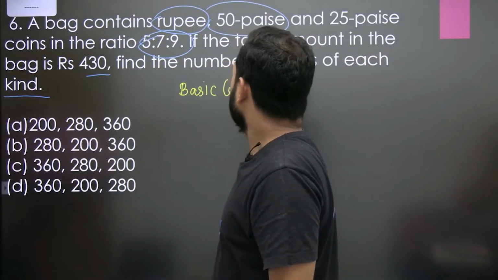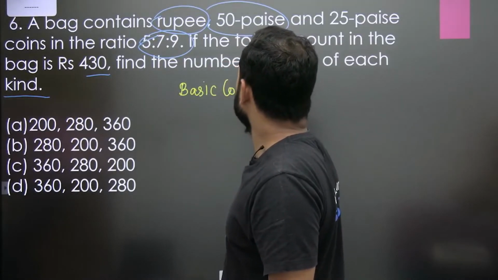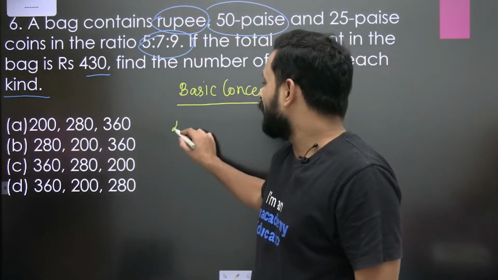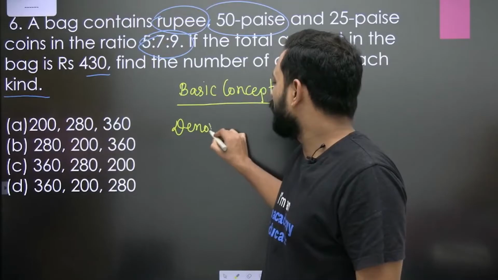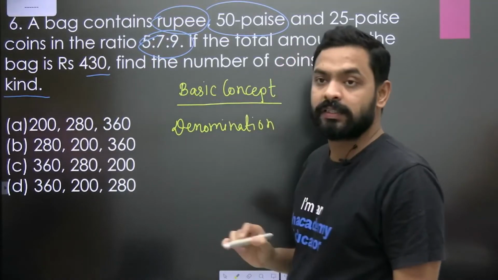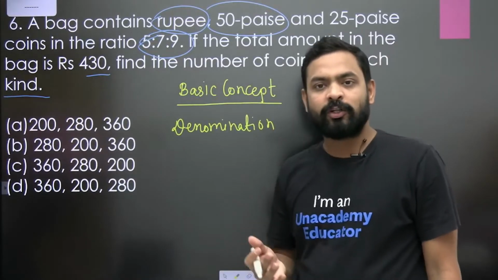There is a thing called denomination: 1 rupee note, 10 rupee note, 50 rupee note.